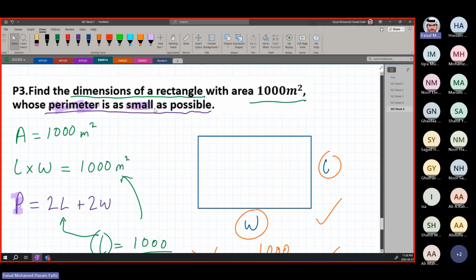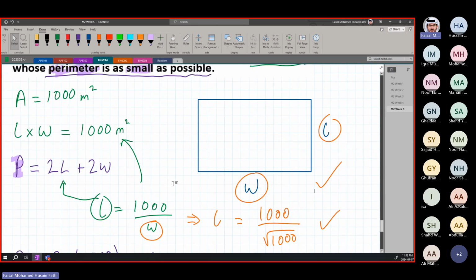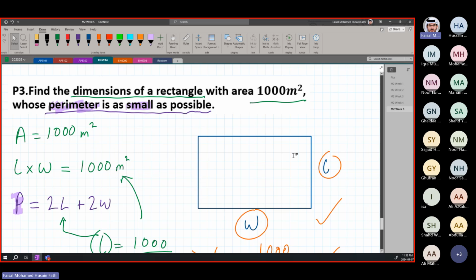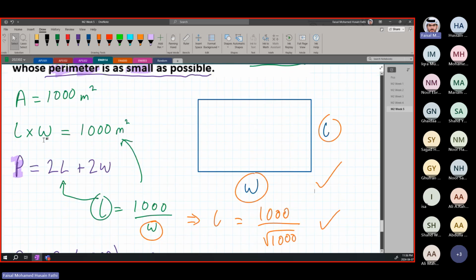A question about small and division: small relates to the differentiation. When you say small, it doesn't matter if there is division or not. It does not matter at all. It depends on the system you have. Here there is division because of length times width in the perimeter, so automatically we will be doing division.